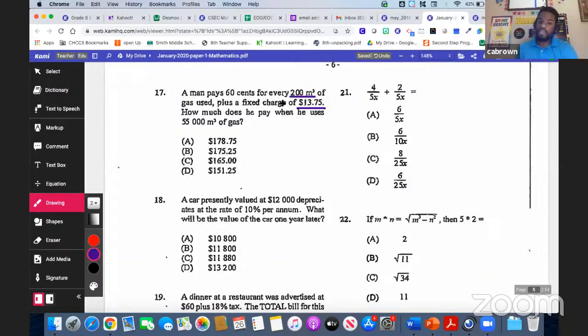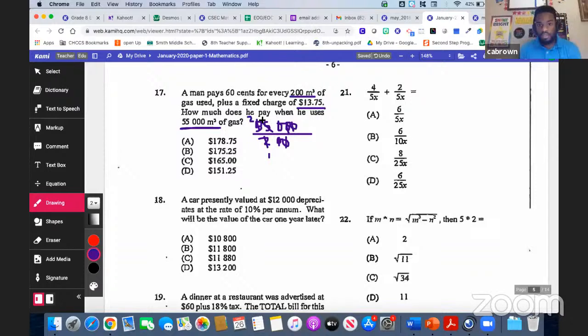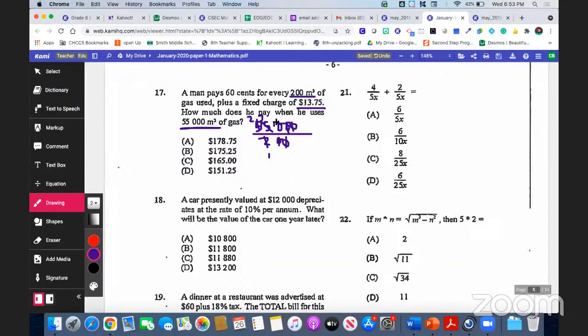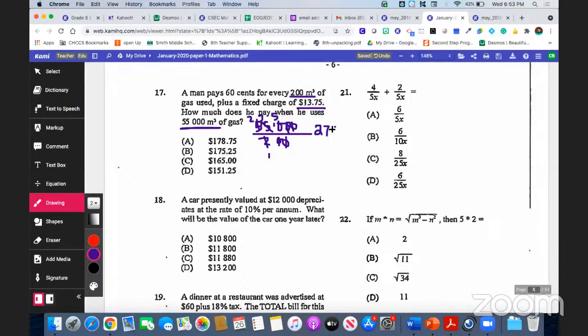So pretty much what we're asking is, if he used 55,000, how many 200s can we get out of that? So we can find that. Divide that by 200. 2 into 5 is 2, remainder 1, 2 into 15 is 7, remainder 1, and 2 into 10 is 5. So this is 275.